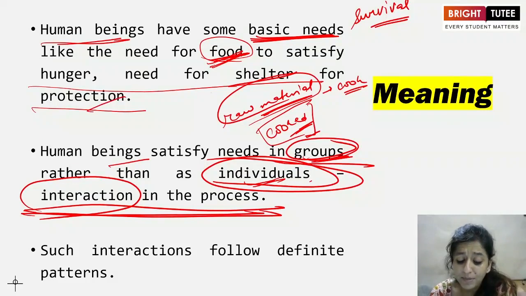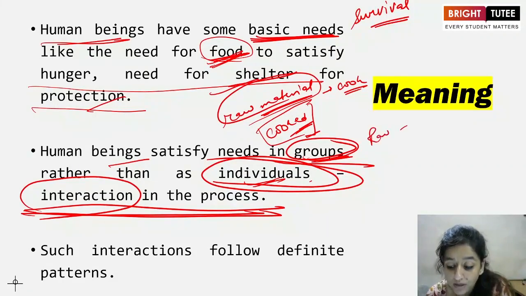Taking the example of shelter, shelter is also something that you can't really have totally on your own. You need someone to provide you the raw material of bricks, cement, the lintels, the flooring, the ceiling. All of these people are required to support you, even if you're doing the whole process of construction on your own, which is again not possible.